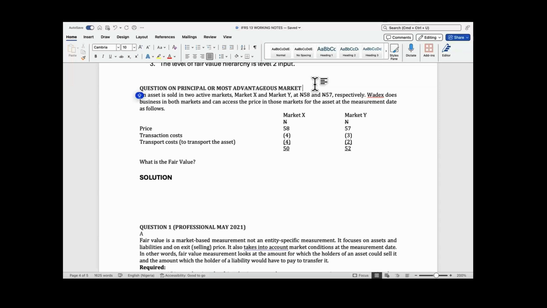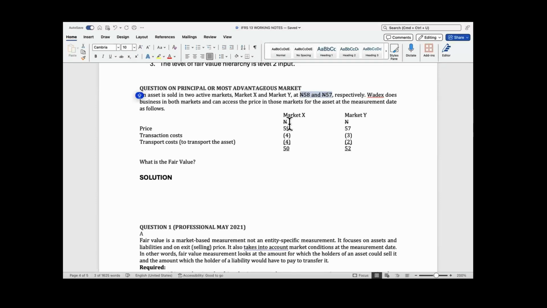You see, I can ask you questions on how to determine fair value based on market information, based on either principal market or most advantageous market. And this one can expose us to that. So here, there's this company that sells in two markets. It sells in market X and market Y, and these are the selling prices of assets in that market. And this company does business in the two markets.